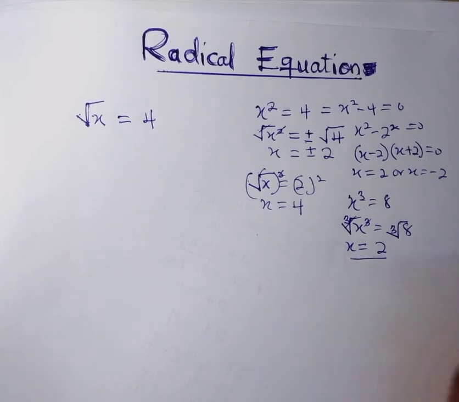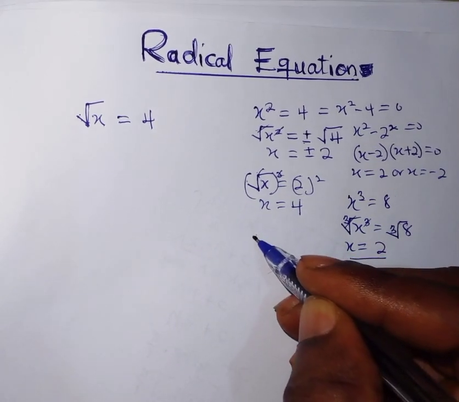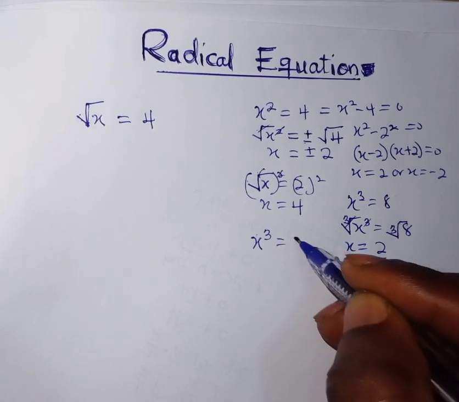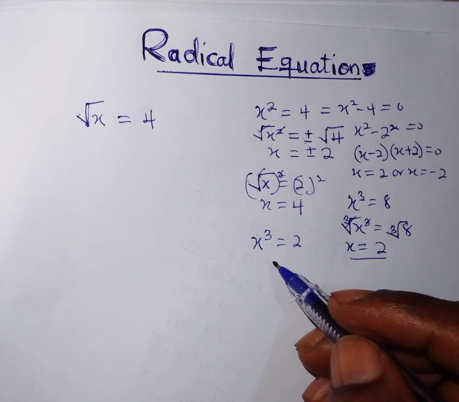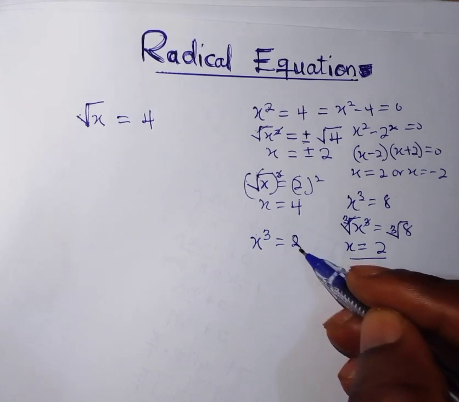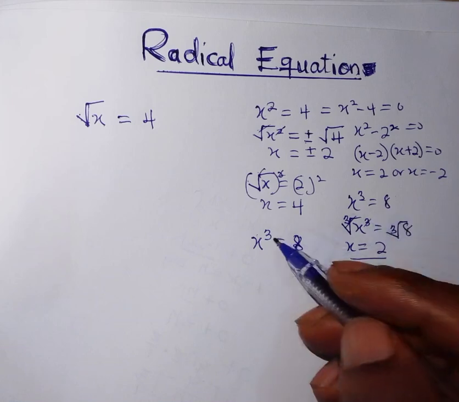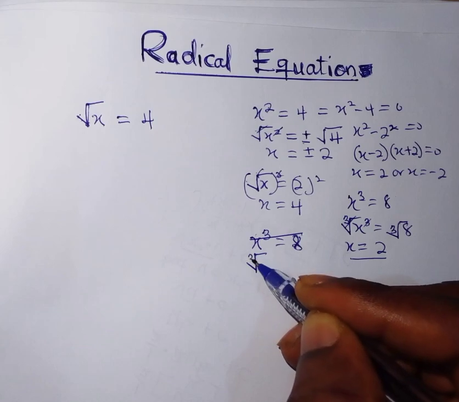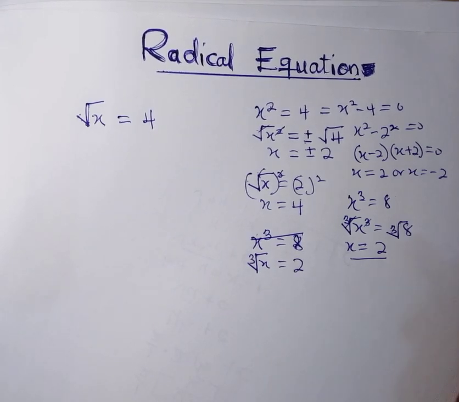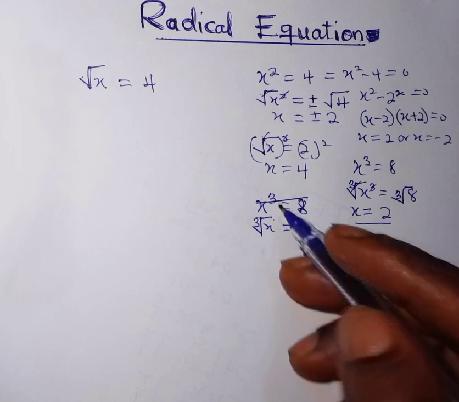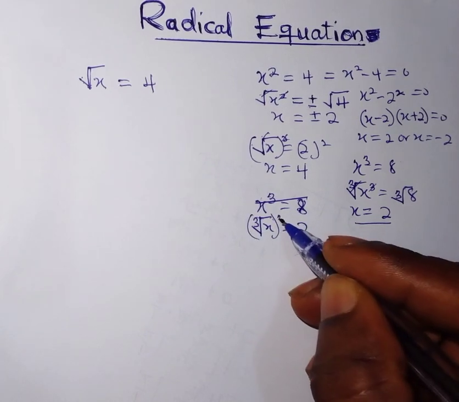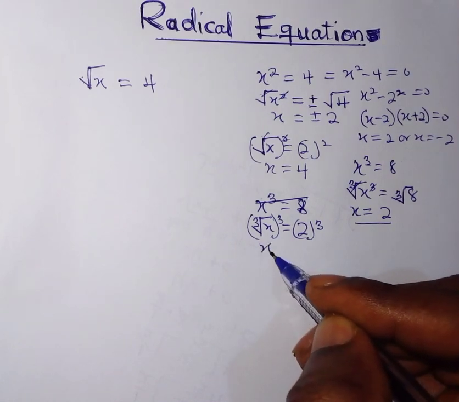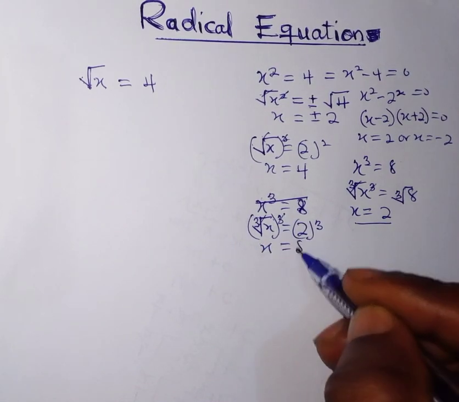If I have the cube root of x is equal to 2, once I have the cube root, it means I'm going to take the cube of both sides, so that I get x, which is equal to 8.